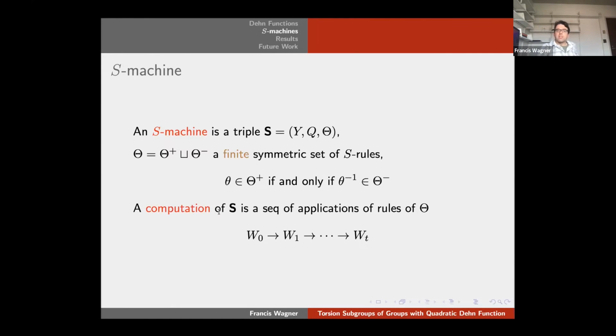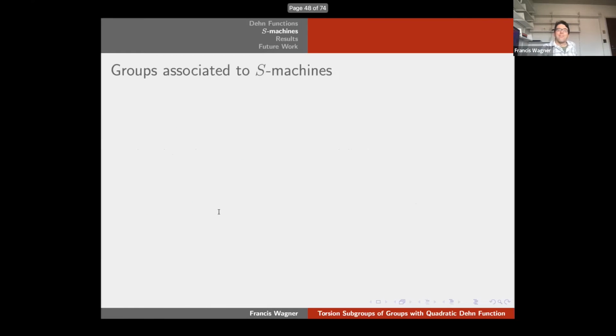And then a computation of this S machine is just going to be: apply a rule, apply a new rule, and keep going till you reach some point that you stop. Okay. All right. So how does this have to do with groups at all? That's a good question. What we're going to do is associate some groups to this S machine.